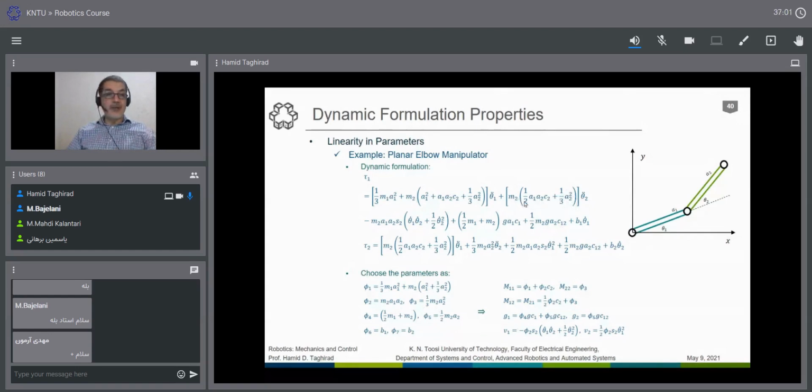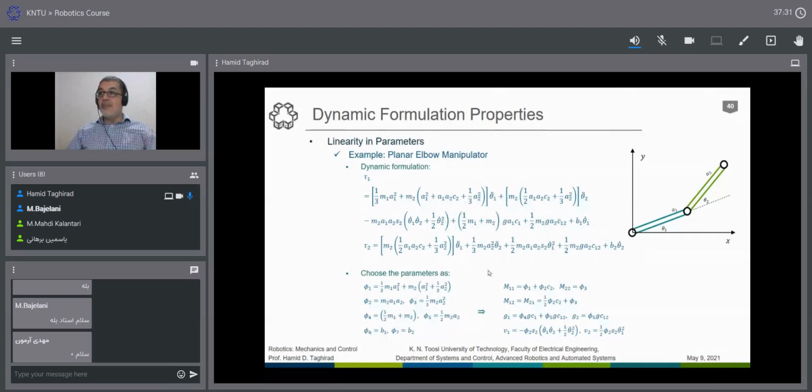This is somewhat repeating. And then if you go further, you can see the same parameter can be used in here. The gravity terms shall have some other parameters. This is the fourth parameter and the fifth parameter. And the rest can be defined by these 5 parameters. And the viscous parameters are our 6th and 7th parameters.